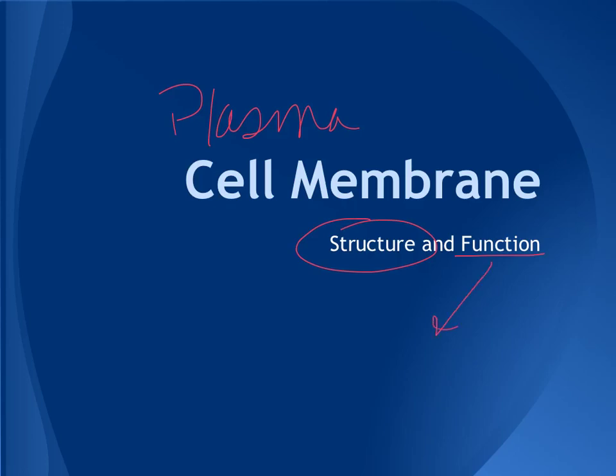But in this discussion, we want to focus on the function of transport: how cells are able to transport materials to and from each other, or from the inside of a cell to the outside of a cell, or vice versa. So we're looking at transport of materials as the function, which is what we're going to be talking about today.